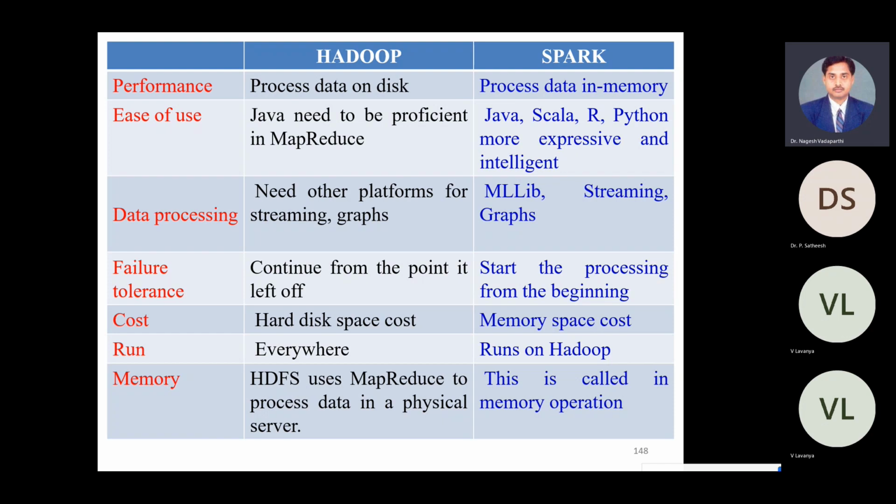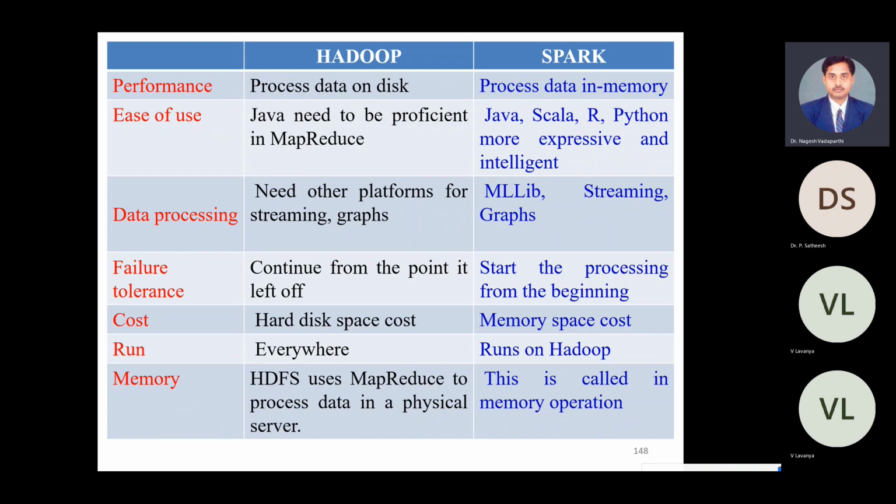So if you take the first parameter, performance. Hadoop processes data on disk, Spark processes data in memory. In Hadoop, suppose you are taking a 1 zettabyte file in a server. Then it processes data on disk, every time it loads data from the hard disk, that is called disk, read only memory.